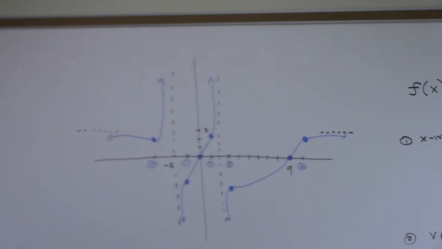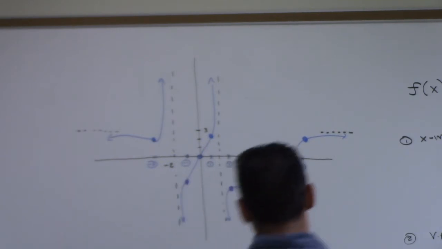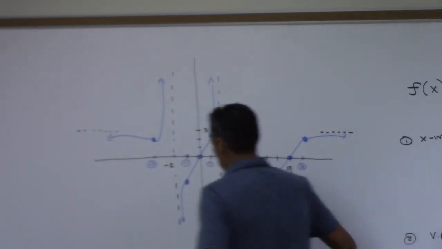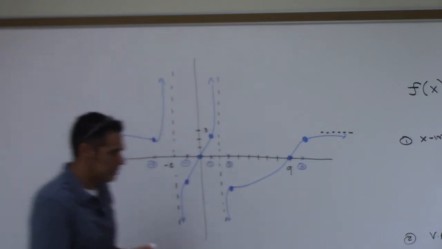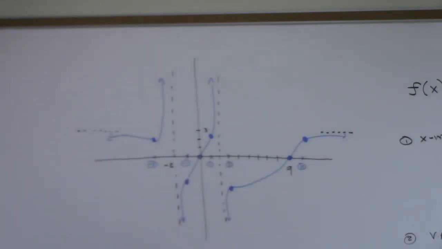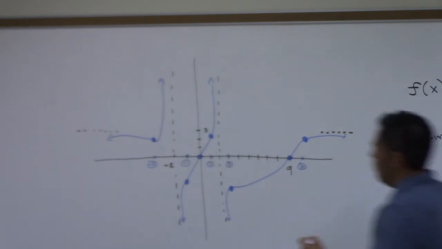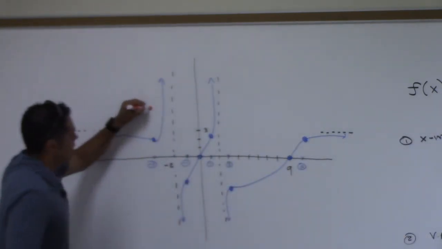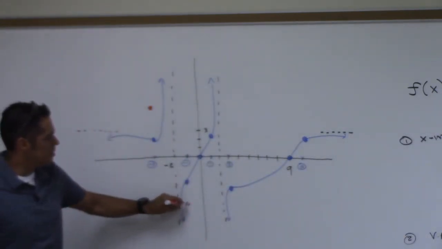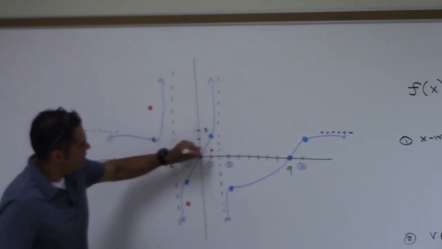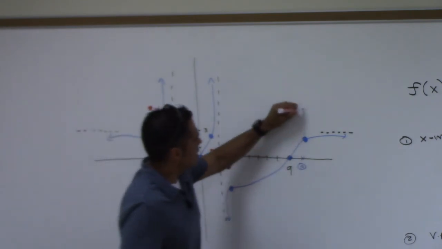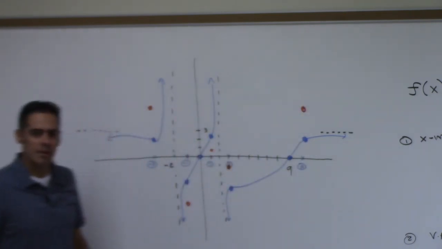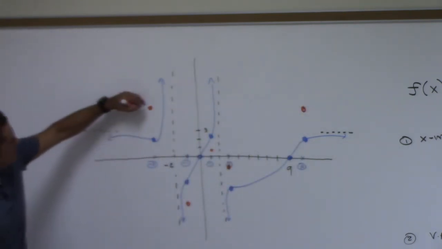Yes, and that's where things can get a little tricky, because some students might do something a little different. Like let's say you did -3 and you had a point here. Well, that's obviously not going to work. So let's say you had a point here, and then maybe this point was here, and this one maybe here, and this one you put here. So this person's graph is going to look more like this.